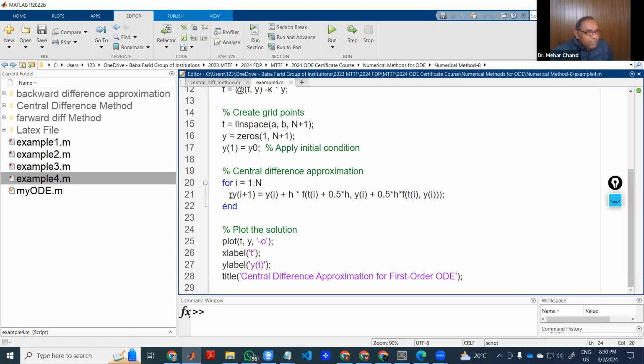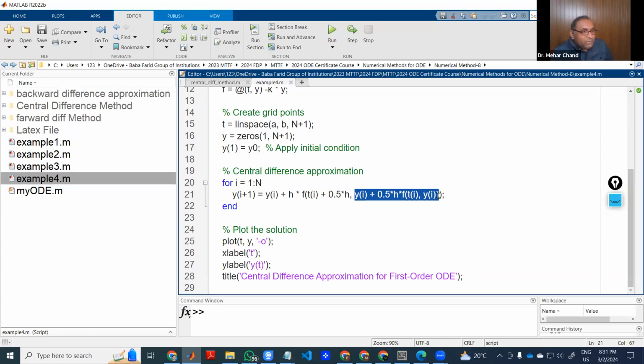So this approach is used here in MATLAB. See, yi plus 1 is equal to yi plus h f of ti plus 0.5 h, and that is because of the 1 by 2. Actually, we need the value corresponding to ti plus 0.5 h, and at this place you can use the Euler method.